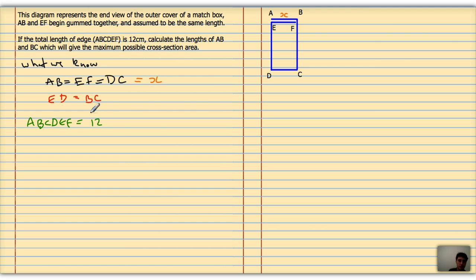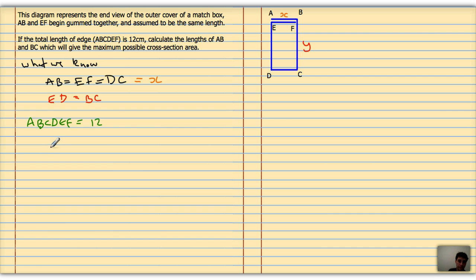We know the total is 12. If I call this length y for now, and we'll change it later, the total length is going to be 1x there, 2x there, and 3x there, and then we're going to have this y and this y.